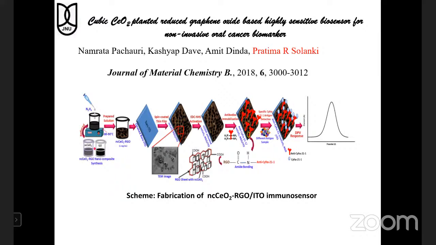DPV. What is the importance of cerium oxide and RGO? You know that RGO sheets tend to stack. If we use only RGO, the sheets will stack. If we use nanomaterials in a composite, these nanoparticles may be inserted into the layers of the RGO and inhibit the stacking of the RGO sheets. Once nanoparticles are inserted into the RGO layers, they enhance the electrochemical response.